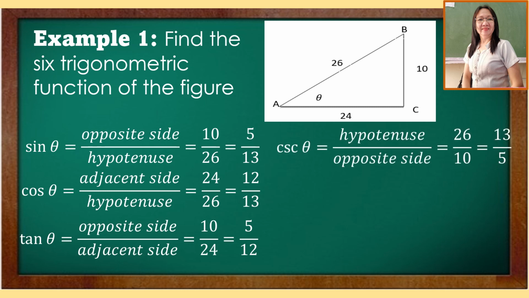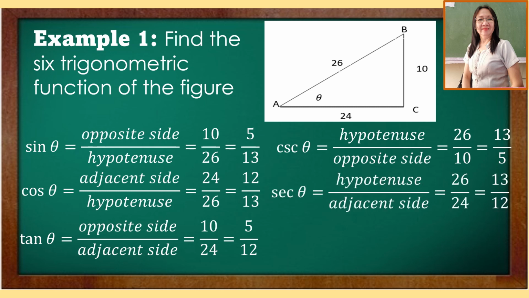For the reciprocals, we have cosecant theta, which is the reciprocal of sine theta. It is described as hypotenuse over the opposite side. So we have 26 over 10, which is simplified to 13 over 5. Similarly, the reciprocal of cosine is secant.